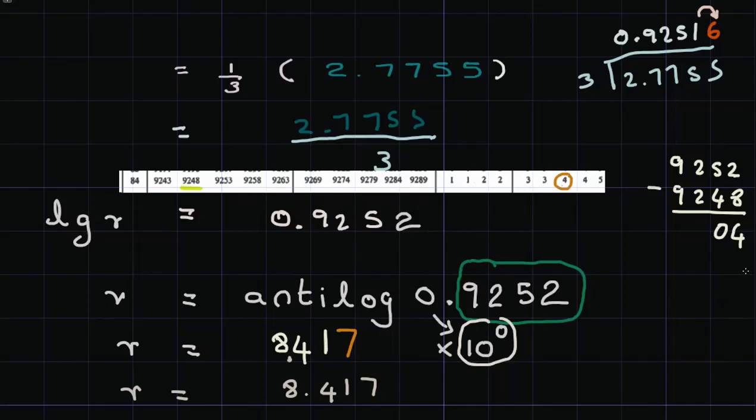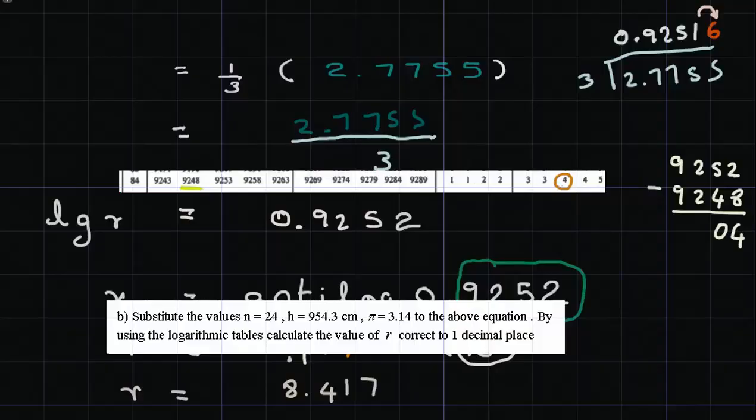Maybe they need the answer correct to some number of decimal places. All right. So here they have said they need the value of R correct to 1 decimal place. So then we say what? R equals 8 point. Before we write 4, the first decimal place, see what's next to it. That's 1. 1 is less than 5.